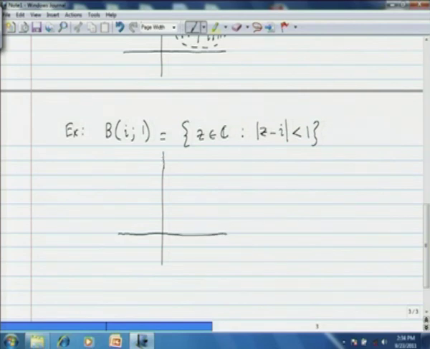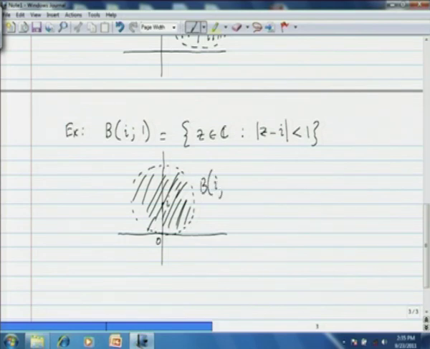So, here is your complex number i, and the origin is at a distance 1 from it. We will draw a circle of radius 1, and the shaded region is the required region. This is your B(i, 1).